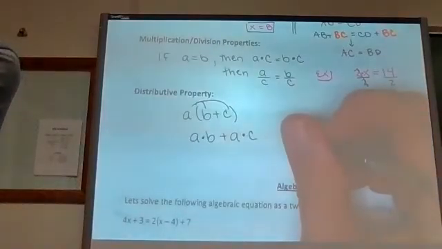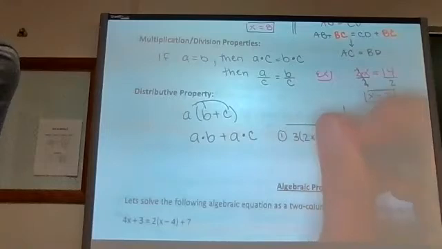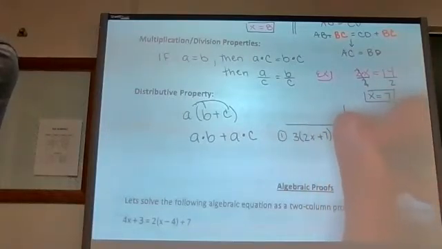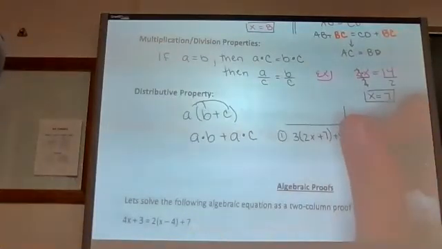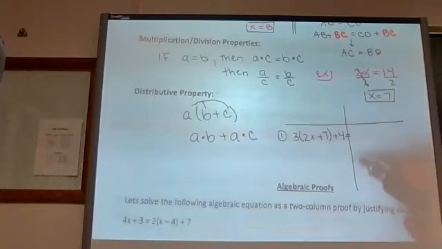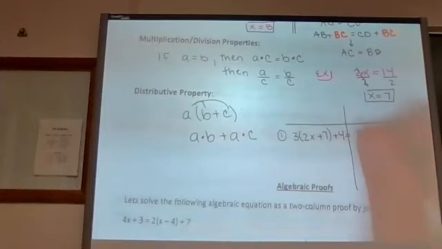I'm going to say that step 1, I have this: 3 times the quantity 2x plus 7, plus 4, equals 31.